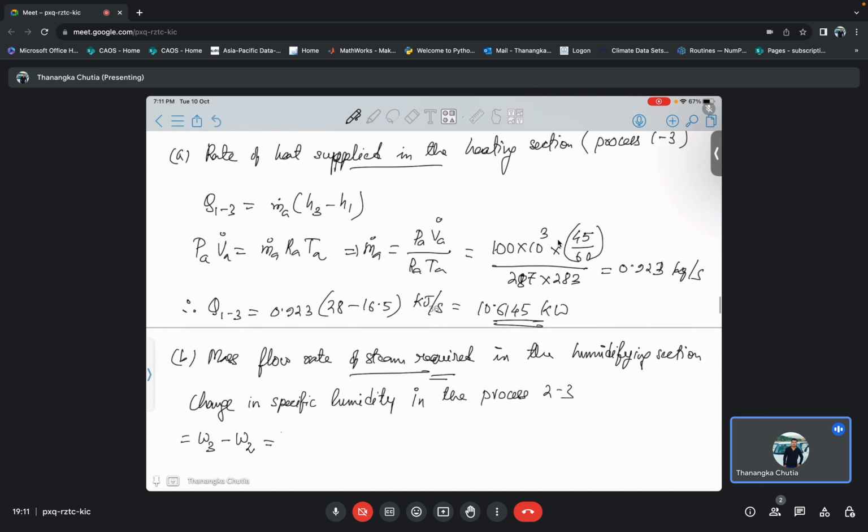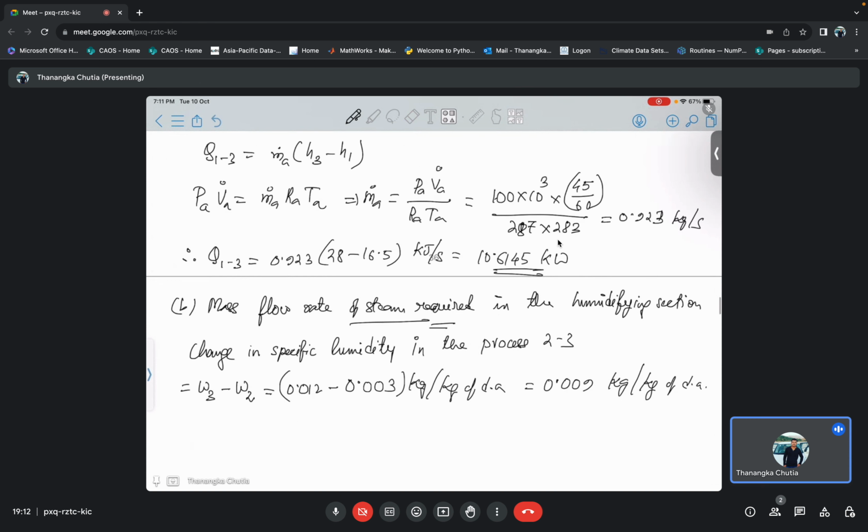W3 we have got as 0.012 and W2 we have got as 0.003 kg per kg of dry air. So this is basically 0.009 kg per kg of dry air. This is the change of humidity.